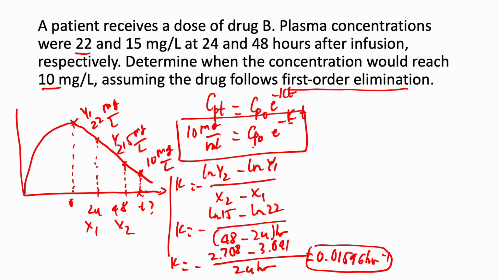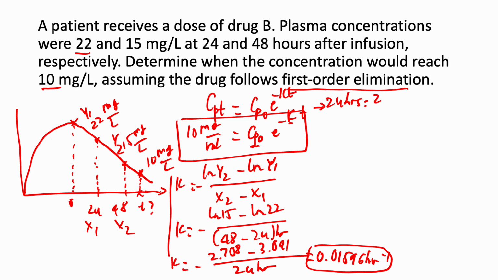So now I have the value of K. The next parameter I need to look for is C_0. To calculate C_0, we use the same equation of C_t equal to C_0 exponential minus Kt, but in this case, I select a t and C_t that I already know from the data. For example, if I select the time point at 24 hours, C_t at 24 hours is 22 milligram per liter, equal to C_0 exponential minus K, which I just calculated as 0.01596 per hour, times t, which is 24 hours.